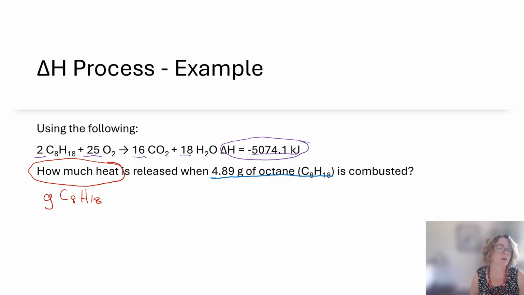Looking at my mole map, anytime I start with grams and I'm doing any sort of stoichiometry, the very first thing I have to do is convert to moles of octane. And if you look at your mole map, to go back and forth from grams to moles or moles to grams, you want to use molar mass.